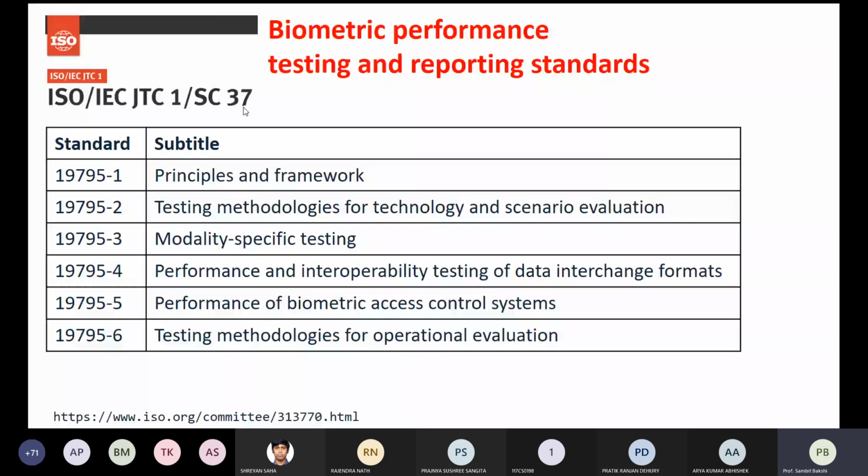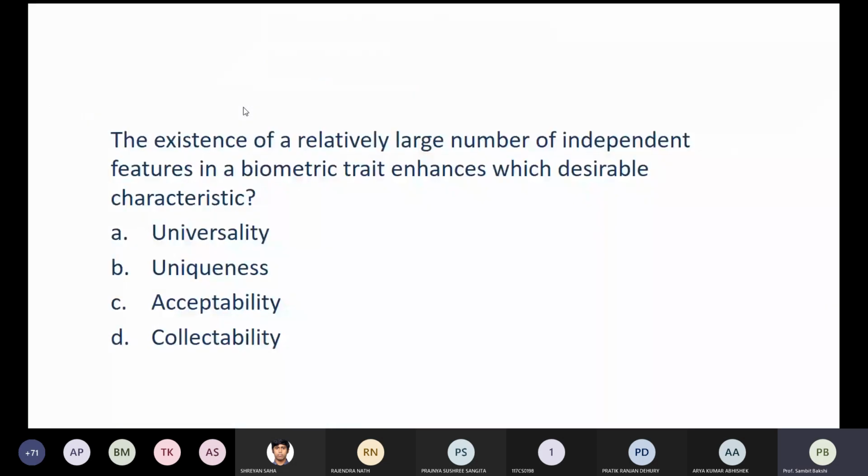Whatever we have learned, those are the evaluation mechanisms, but there are finer details one should follow, and only if they follow them are their results comparable. Those finer details are there in these standards. So if one wants, one can go and see in detail how this performance evaluation is done.